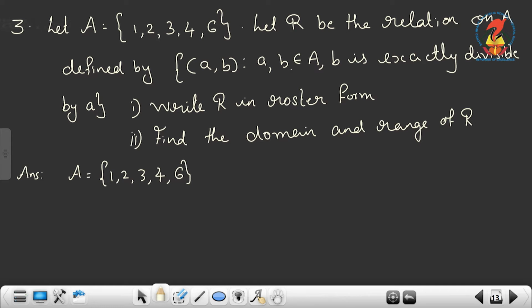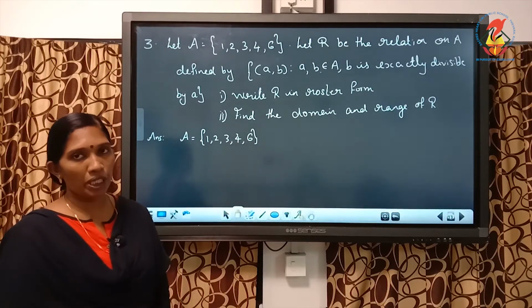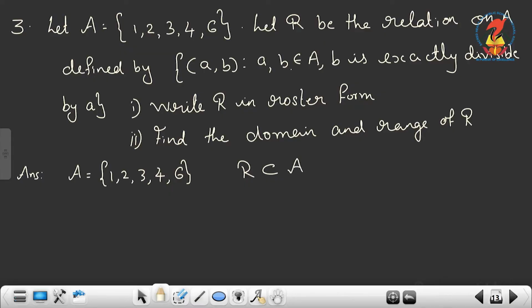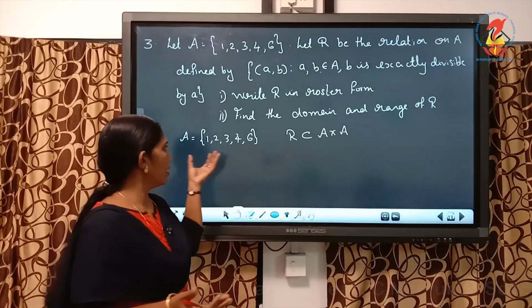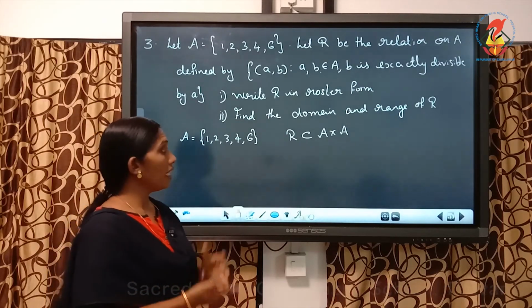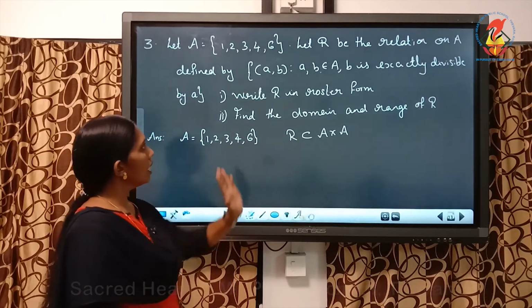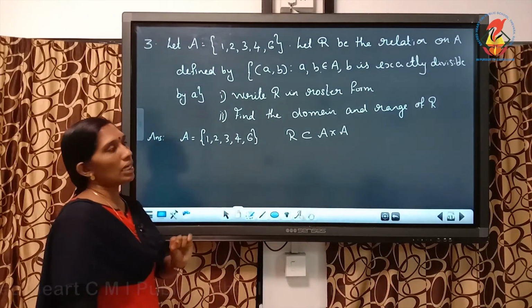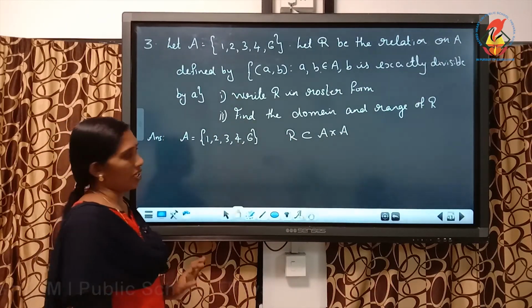R is a relation on A. What do you mean by R is a relation on A? R is a subset of A cross A. And we are not writing A cross A, it is very difficult. 5 elements, 5 into 5, 25 elements we have to write. So you read this relation and write only those elements which satisfy this relation.